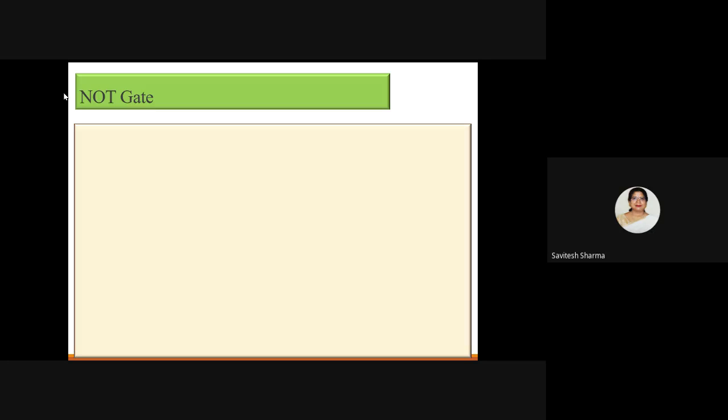What will be the physical thing or component you are going to take at the time of the experiment, if you are going to implement any circuit using this NOT gate? I will tell you about the lab experiments.